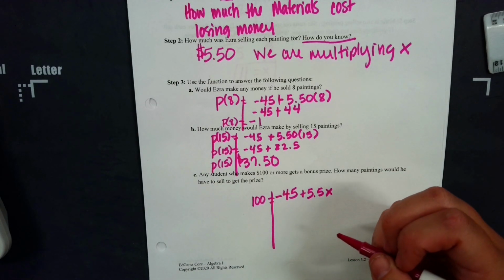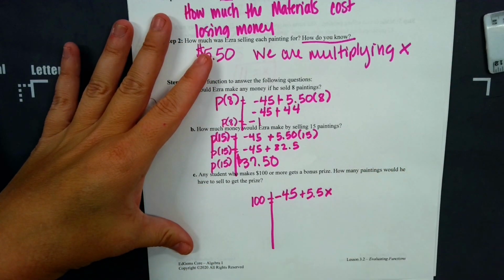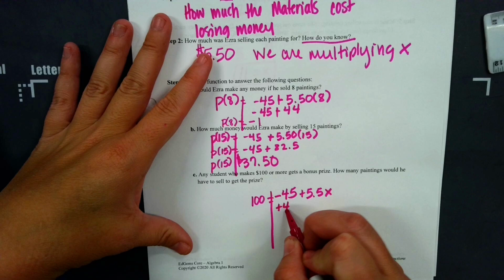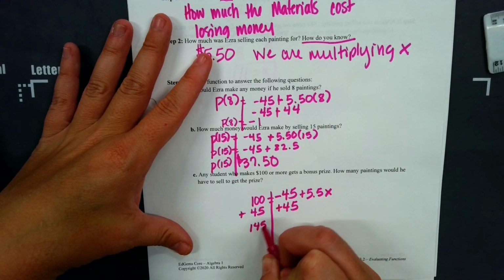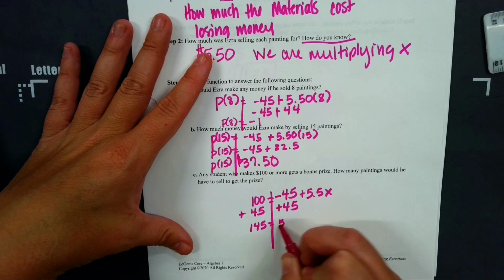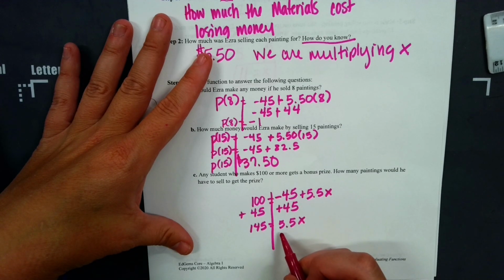All right, who can walk me through where I should start? Plus 45. So I have $145 equals 5.5x. What would you like me to do now? I'd like you to divide by 5.5.